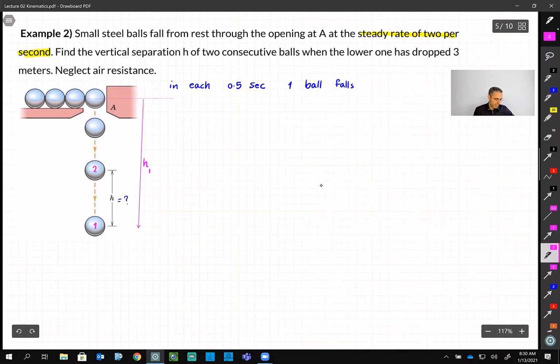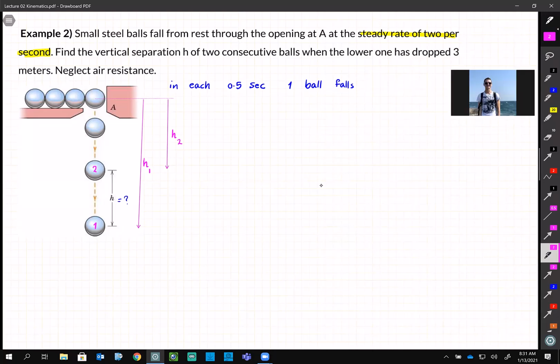Okay. And half a second later, the second ball drops. So let's then call this distance H2, right? And sorry, the question asked for 3 meters.